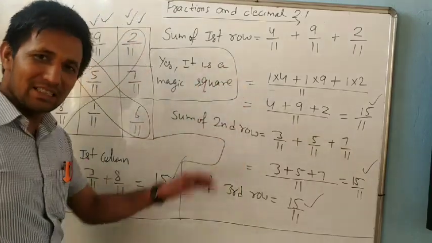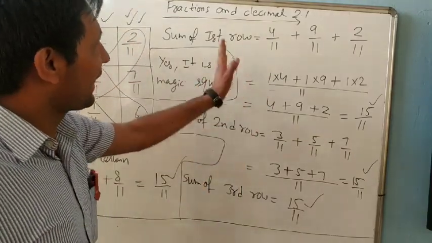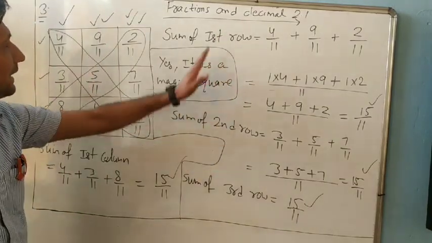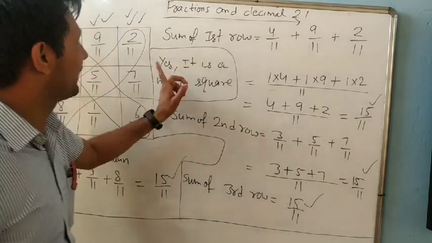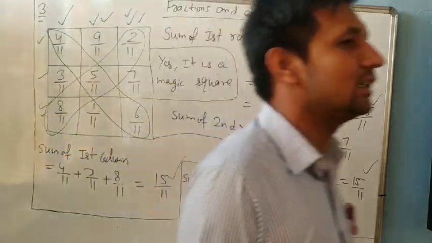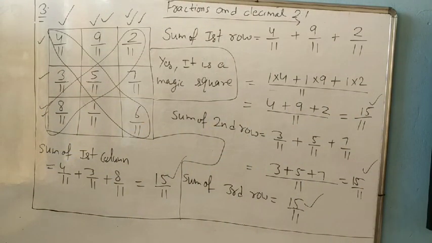Understand? There is a space problem, that's why I found the sum of only two or three rows. The rest you do yourself. And in the end you will write: yes, it is a magic square. Understand it? Now question number 4.